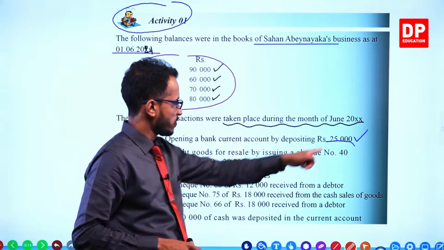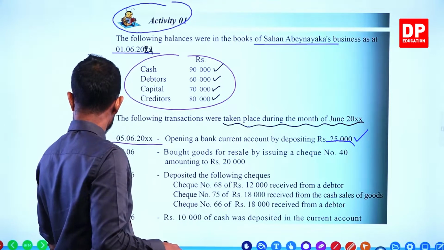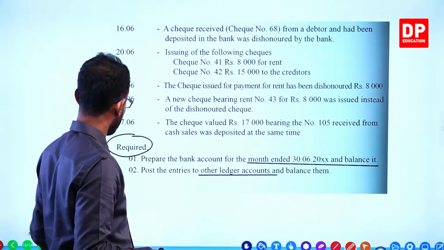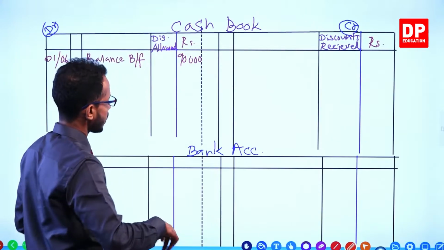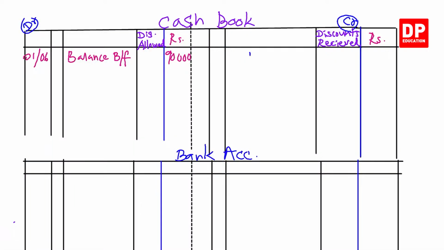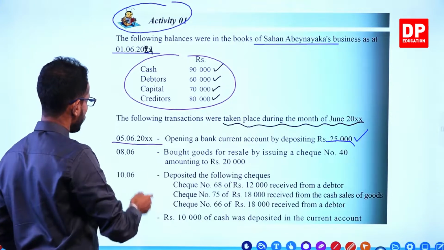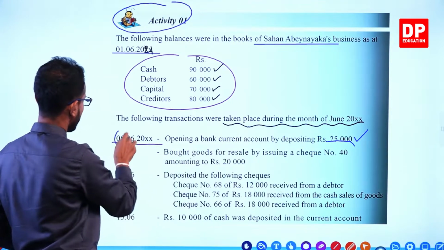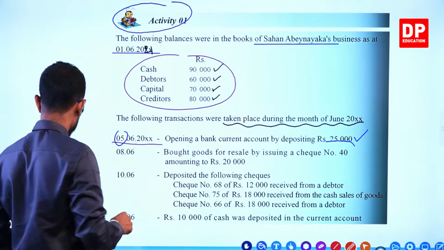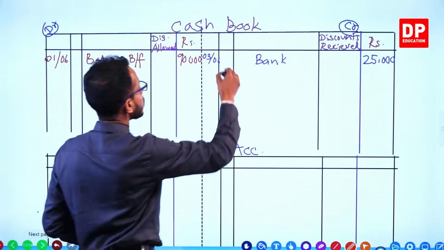Opening a bank current account, 25,000. The date is 5th June. Cash credit. Description bank, 25,000. Bank debit. The date should be 5th, not 3rd.